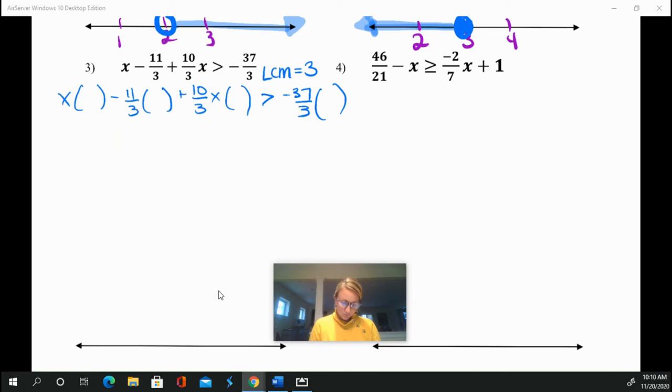Be careful not to lose x's where there are x's, and make sure you multiply every term by that value.